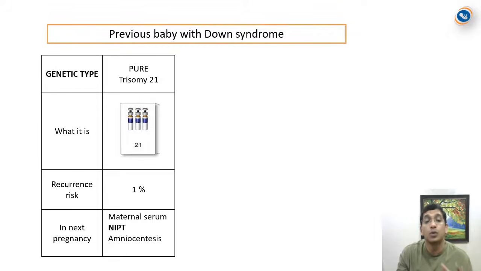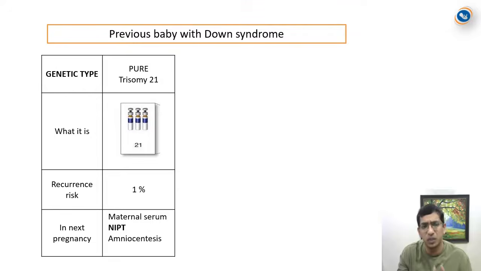Okay. Now, the most common condition which can cause Down syndrome in a child is something called pure trisomy 21, when there are 3 copies of chromosome 21. In such cases, the recurrence risk in the next pregnancy is very low. It is just about 1%, and in the next pregnancy, therefore, it is fair enough to do either maternal serum screening or NIPT, or if the patient really wants, you can go for amniocentesis.